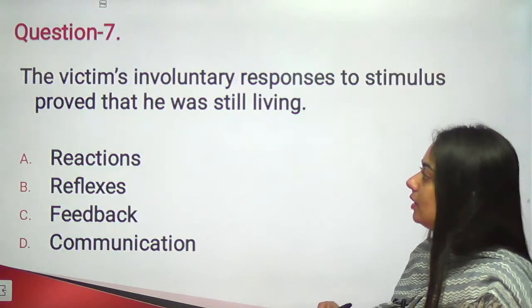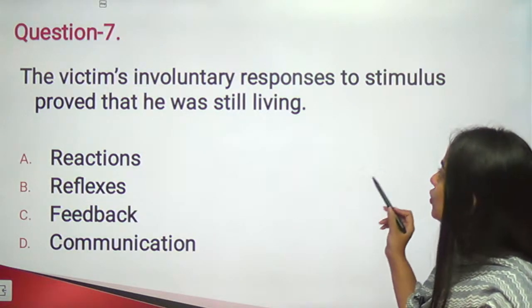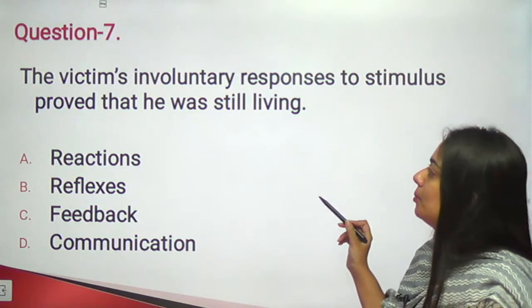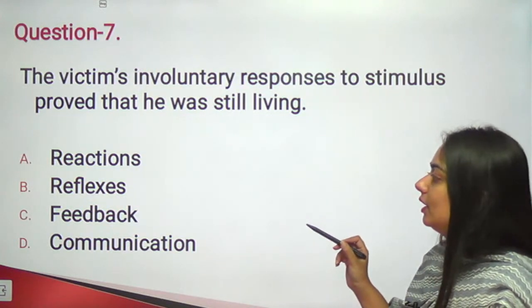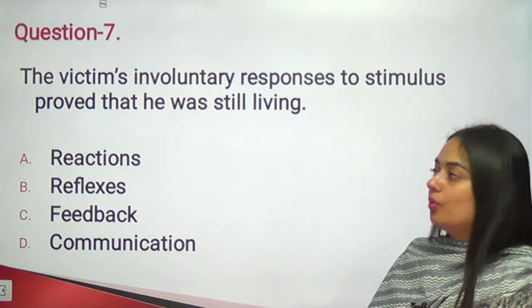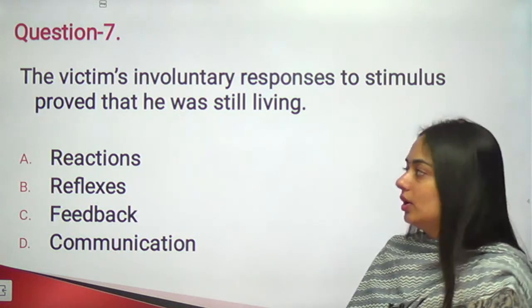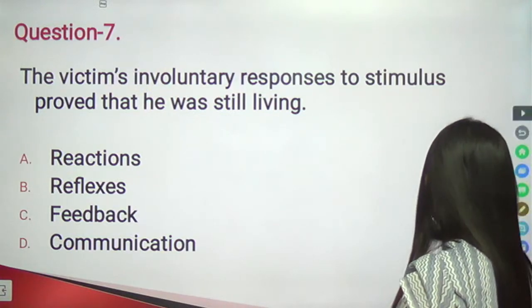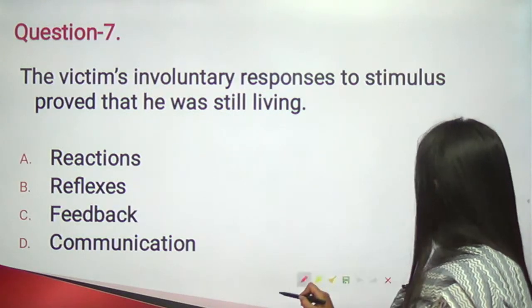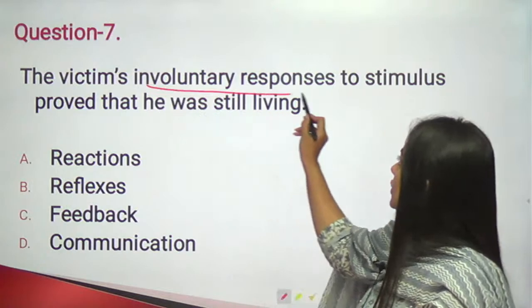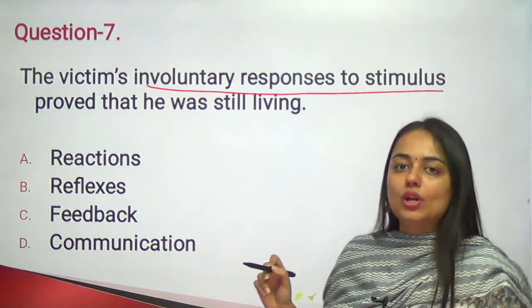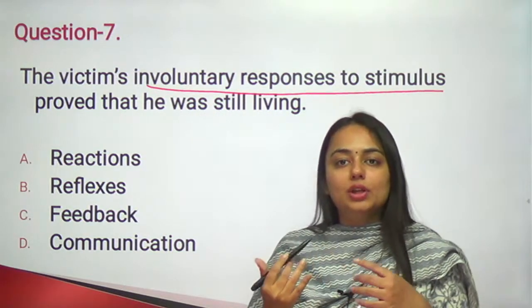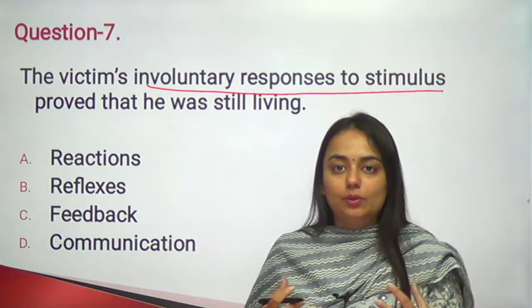Question number 7. The victim's involuntary response to stimulus proved that he was still living. So, what is that involuntary response? You have to find out one word for this phrase. Involuntary response to a stimulus is known as... Voluntary is something that you do willingly, right?